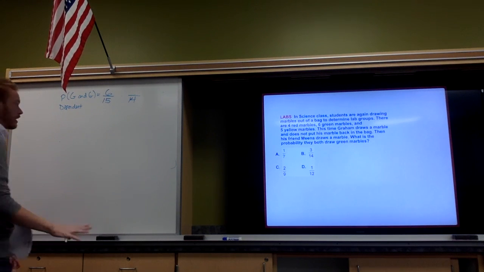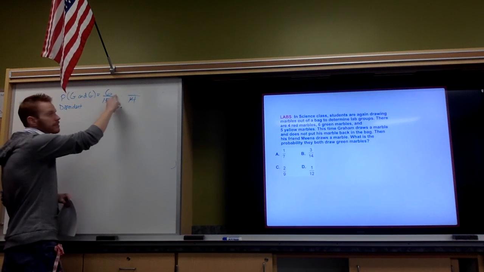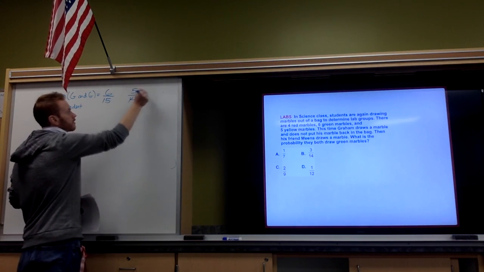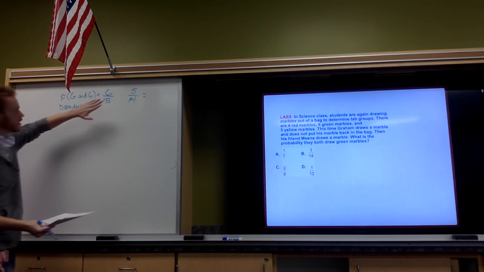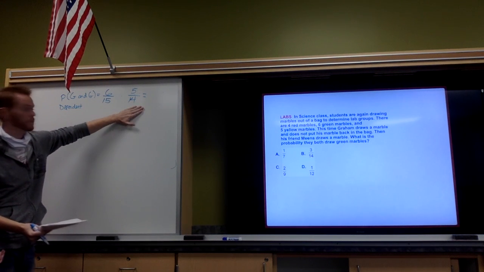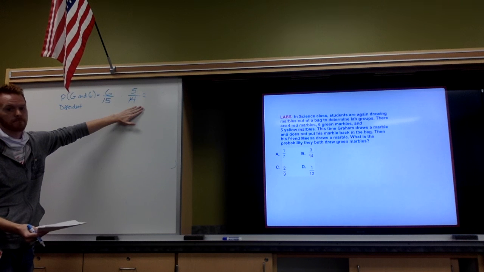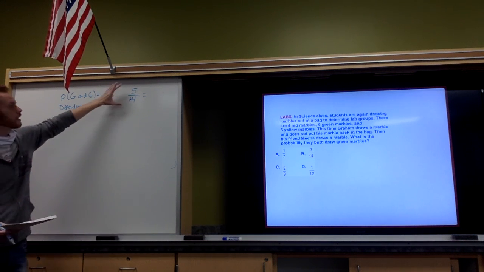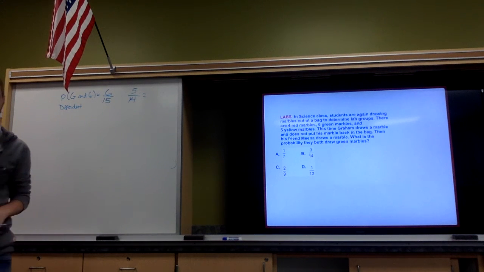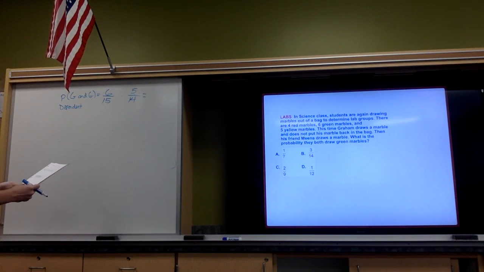How many green are left in the bag now? It's not 6. It's going to be 5. That's why this is dependent. This affected Mina's chances of getting a green marble, right? That's why it's dependent, okay? And that's why the totals for this change as well, okay?